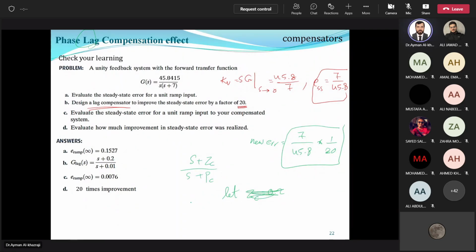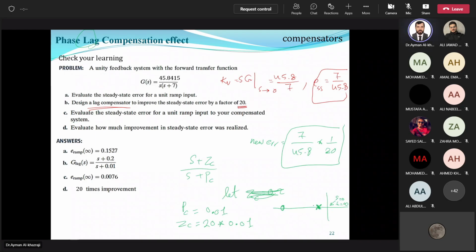So I will assume my pole equals 0.01. So my zero will be 20 times my pole. 20 times means it will be far from the origin. Far means less efficient. Okay, this is more powerful than this because here I have the steady state. Here S equals 0 or T equals infinity.